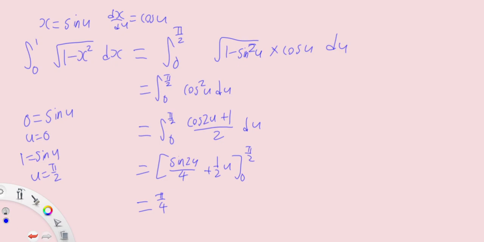So when it comes to definite integrals by substitution, you must always change the limits to the new variable. Alright, so there we have it, the definite integrals for integration by parts and integration by substitution.